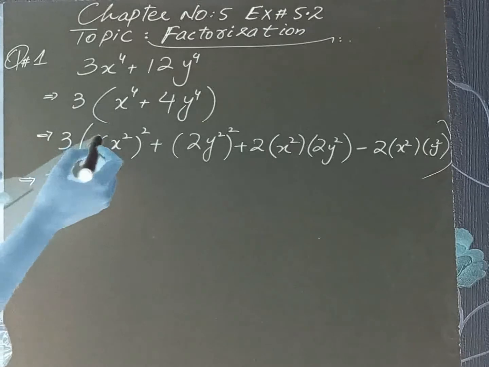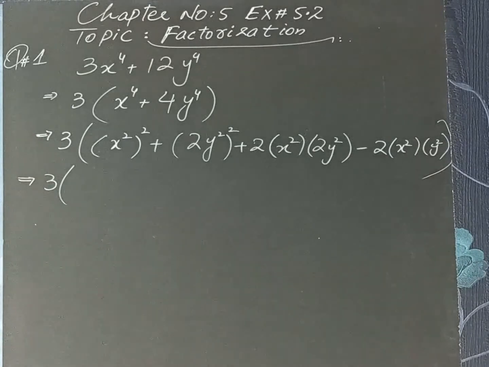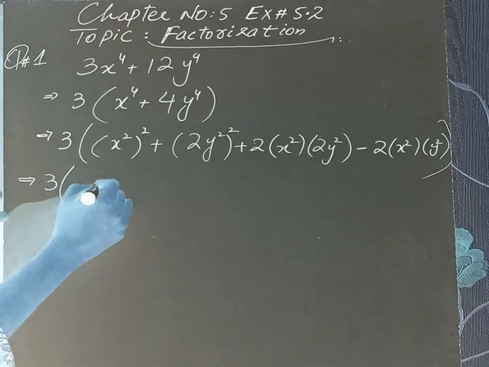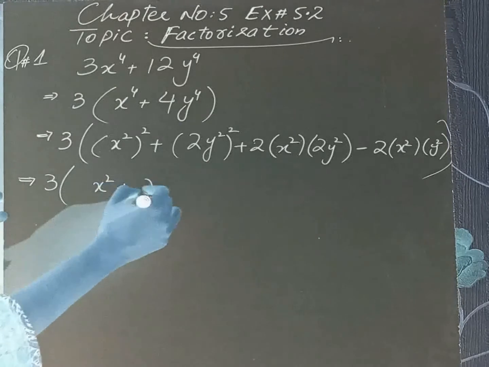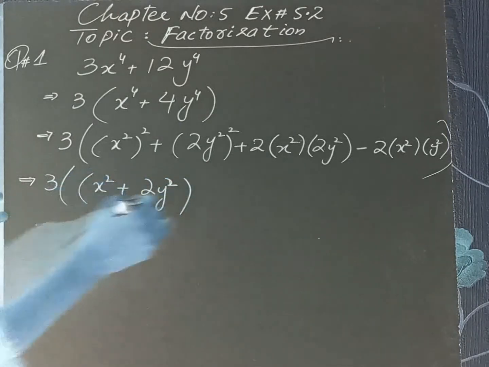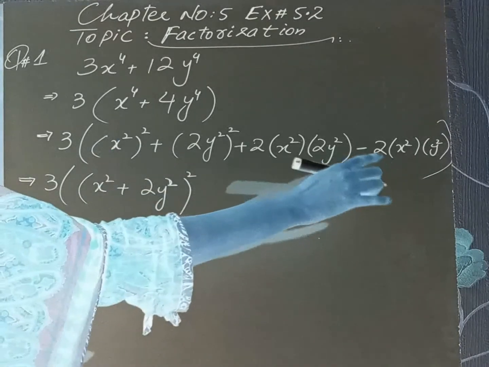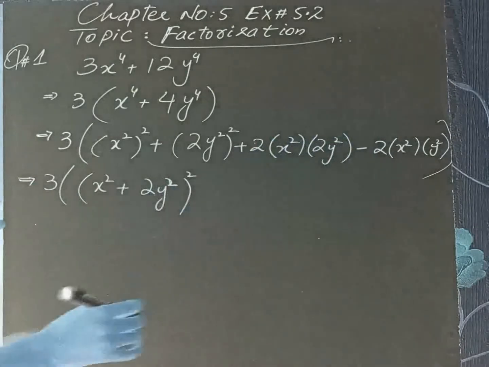Now from here to here, a square plus b square plus 2ab. This is the formula of a plus b whole square. So we will close this as x square plus 2y square whole square. Then this minus 2x square y square.